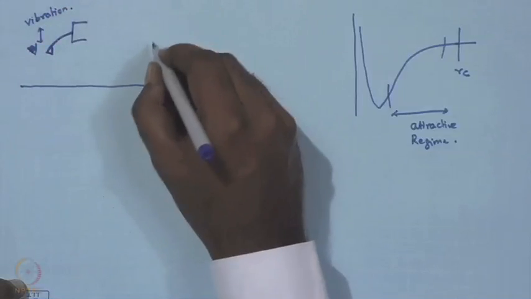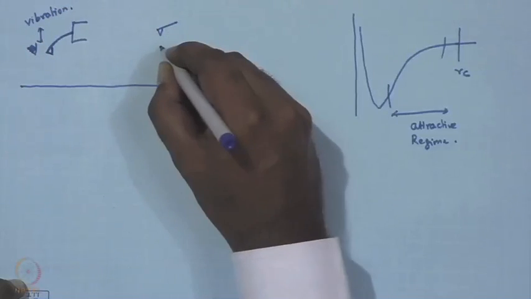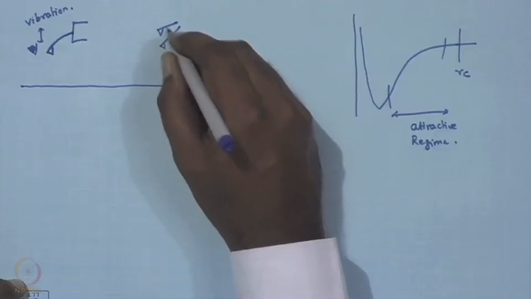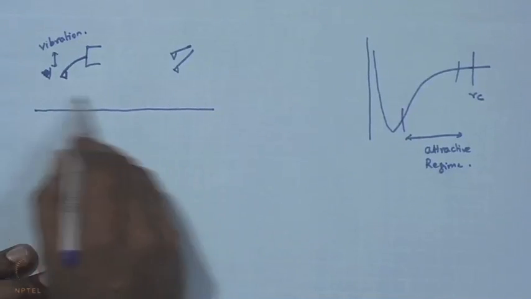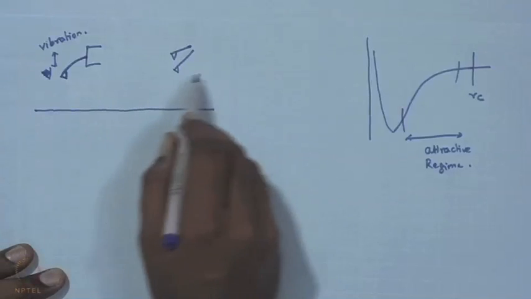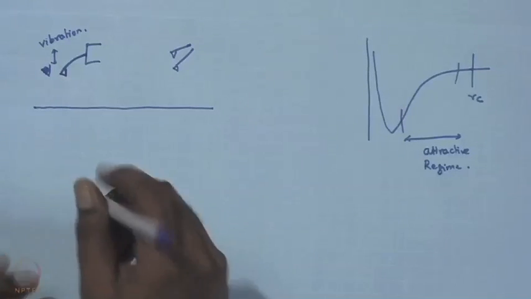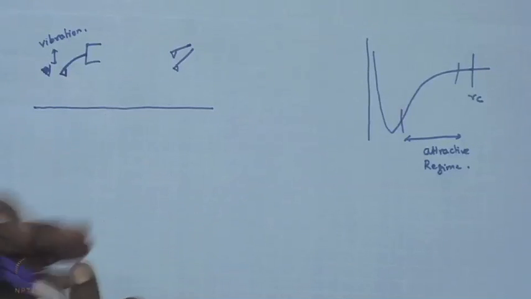So, there is now an oscillation with an amplitude, let us say it oscillates between this range. What is done is that it now rasters in this configuration. So, the cantilever is oscillating like this, and simultaneously it is rastering along x and y, along the fast axis and the slow axis.